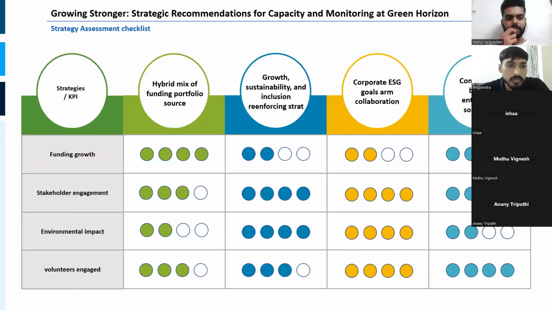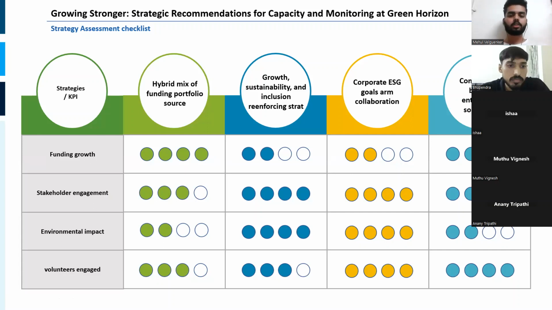So in this slide, we are explaining the strategies that we have discussed, and the impact that it will have on the following factors. So hybrid mix of funding portfolio source. When there's a hybrid mix of funding portfolio, there will be a lot of growth in fund, as you can see, and community based enterprise solutions will also be active.